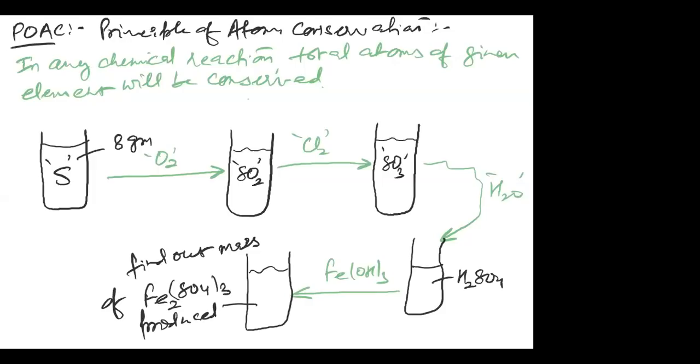Now, there is no need to find out the mass of intermediate products, including SO2, SO3, and H2SO4. You know sulfur will remain sulfur throughout. So whatever moles of sulfur are present in the first test tube, the same sulfur moles will remain in the second tube also, the same in the third tube, fourth tube, and eventually the same.